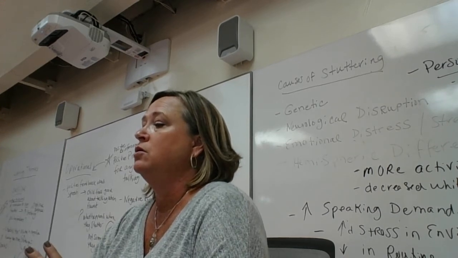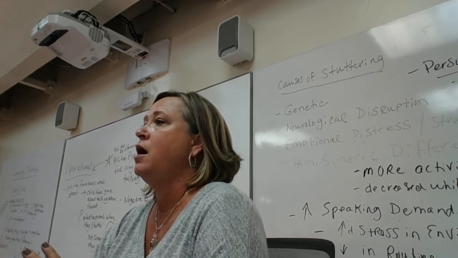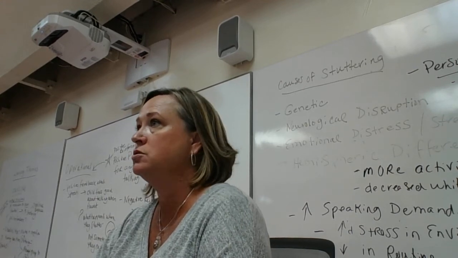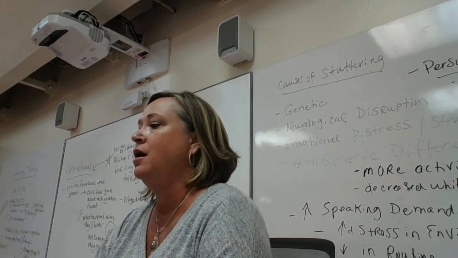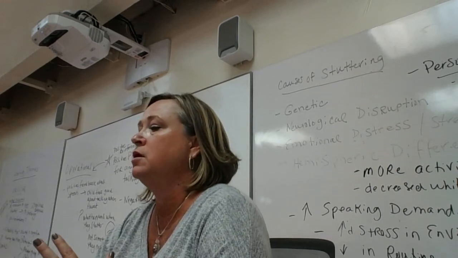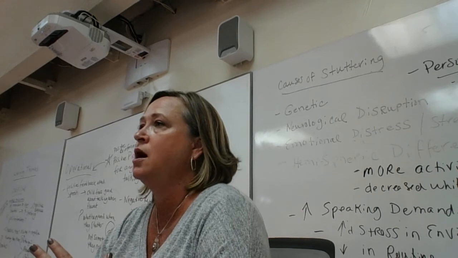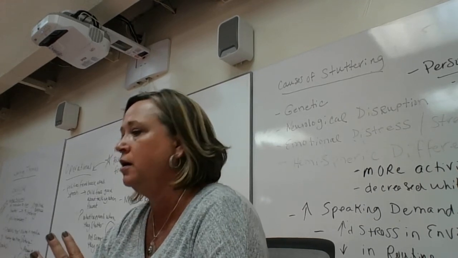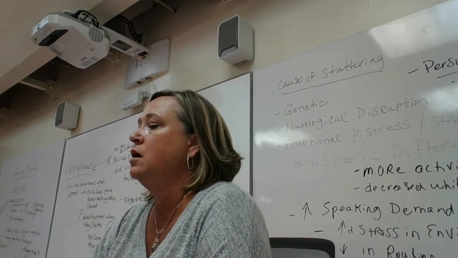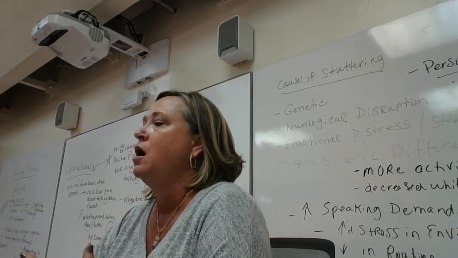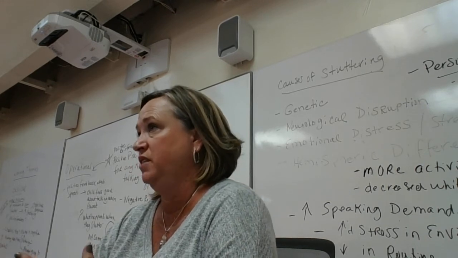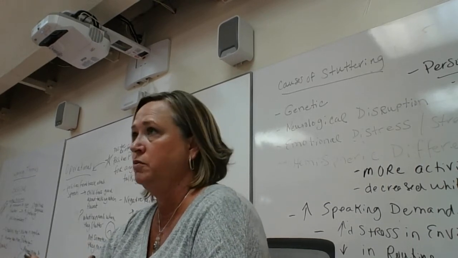They also may have more reaction to social emotional distress or situations. And they also mentioned cognitive, but it's not anything to do with intellect. It means that the child has more difficulty communicating effectively in different situations, knowing how to be a good communicator.